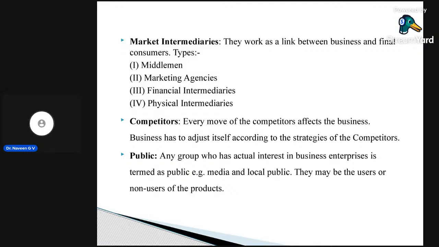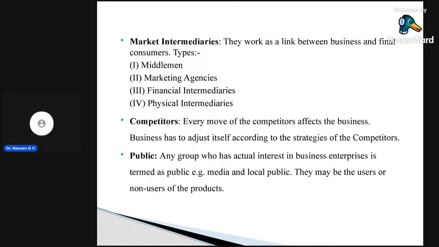In those circumstances, the media public can seriously affect any business. They can be used to publish useful information, but sometimes the media public can tarnish the image of the company. Whether the company gets very good goodwill or a bad image also comes from the media.